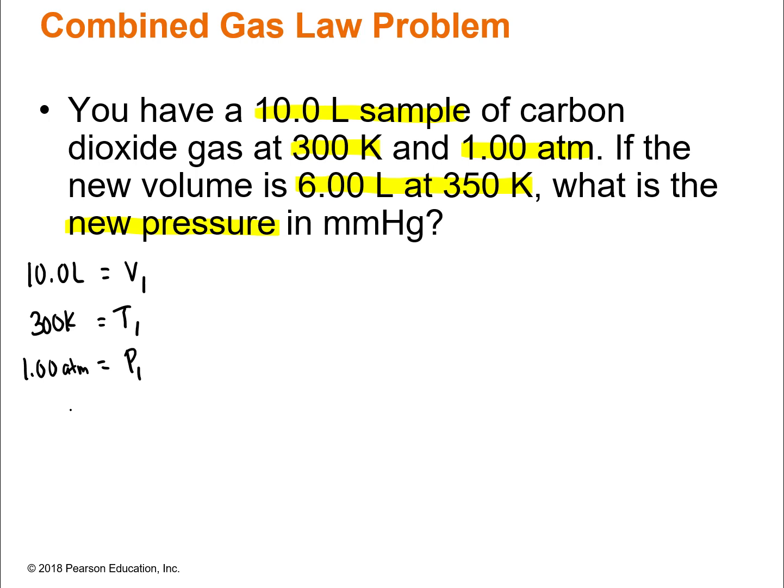We've got a new volume, so that must be V2. And we're saying that that volume is what it is at our new temperature, 350 Kelvin. What's the new pressure? Whole lot more variables this time.